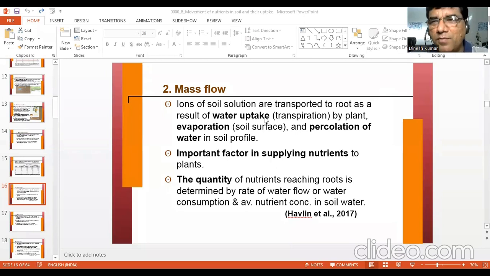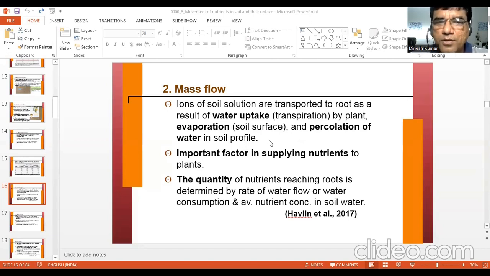Solution means they are in water, so with the water, they move to the roots. Because of evaporation and transpiration, this water moves, and percolation in soil. So ions of soil solution are transported to root as a result of water uptake, that is transpiration by plant, evaporation from soil surface, and percolation of water in soil profile.